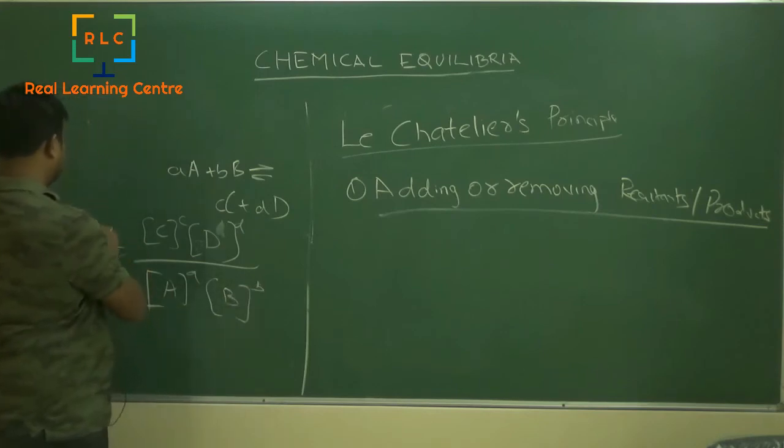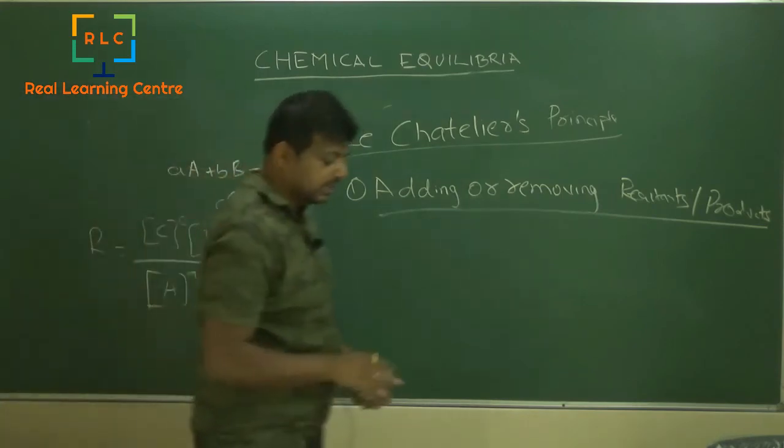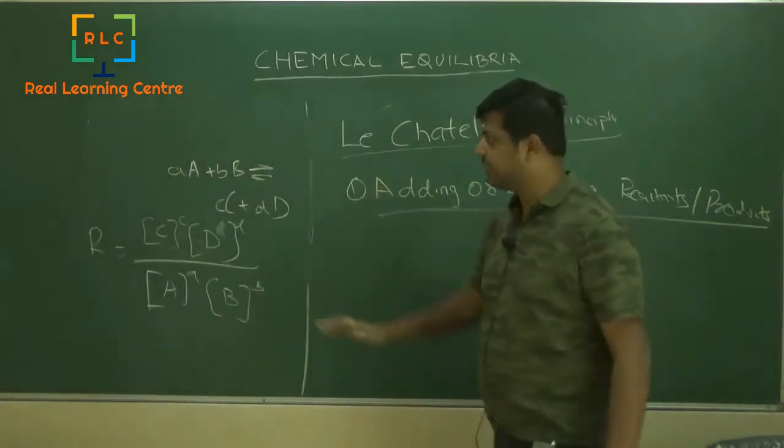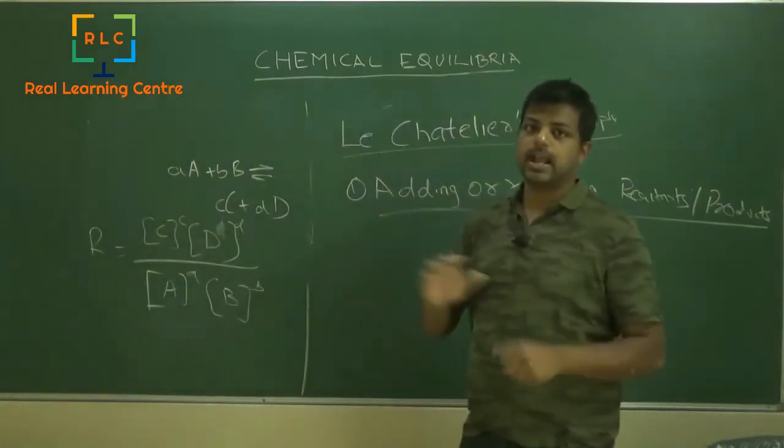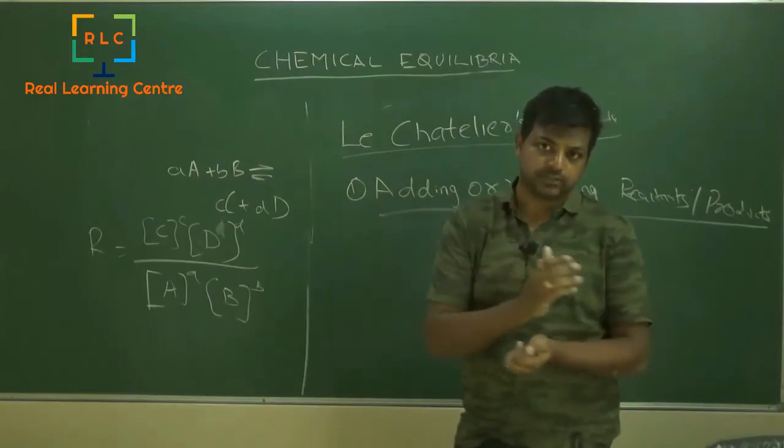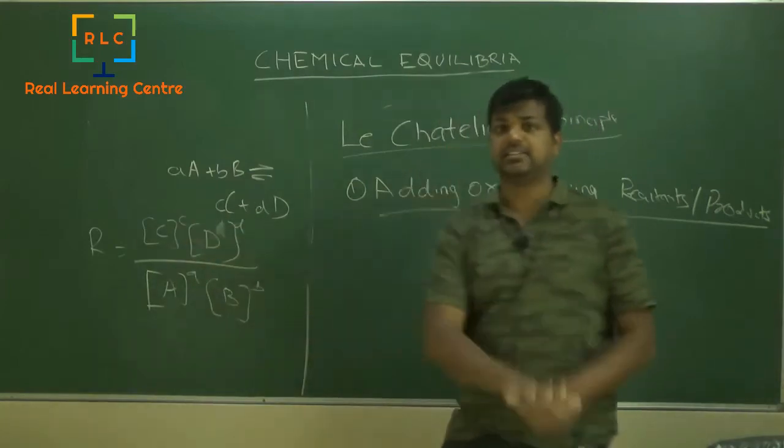Right? So this is the same as the equilibrium constant. It's just that for the equilibrium constant you figure out the concentrations at equilibrium. The reaction quotient gives you the value of this term at any stage of the reaction.